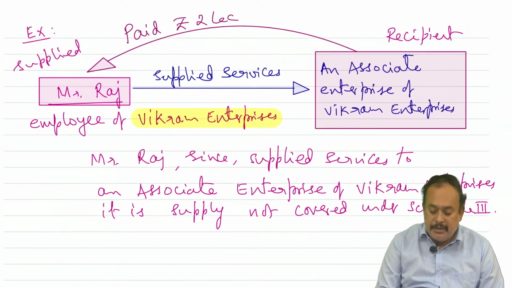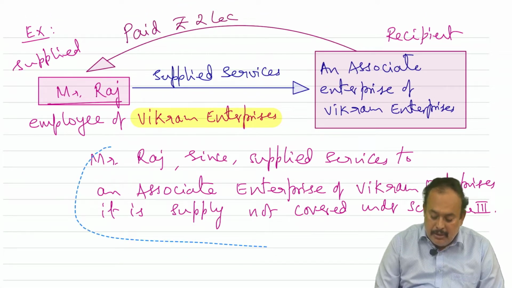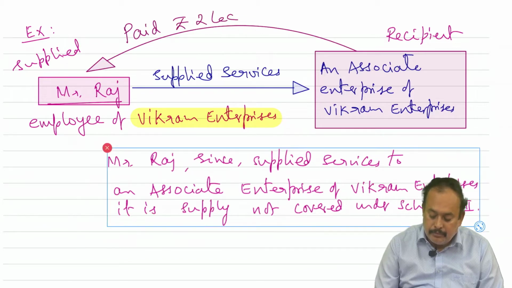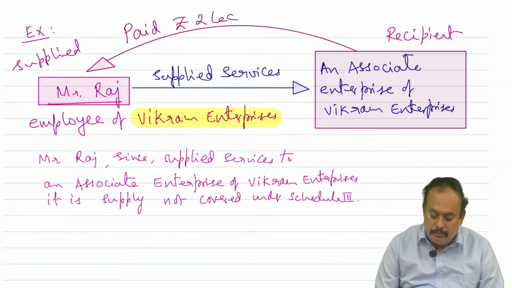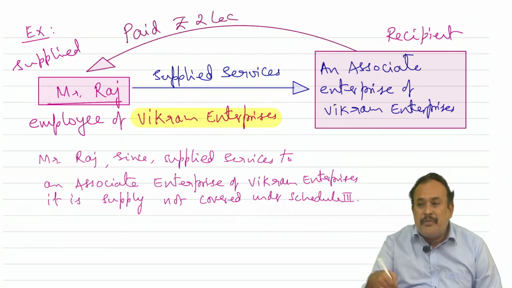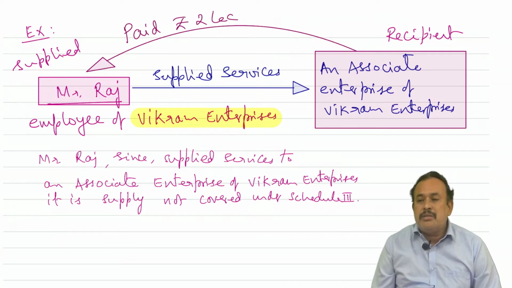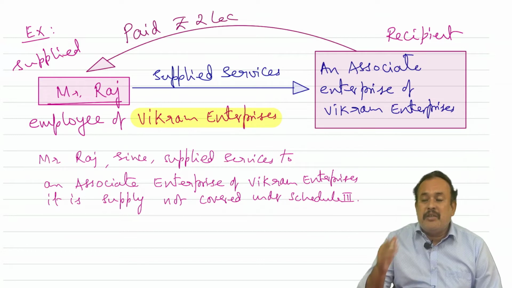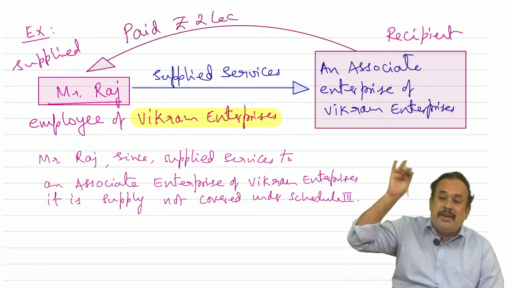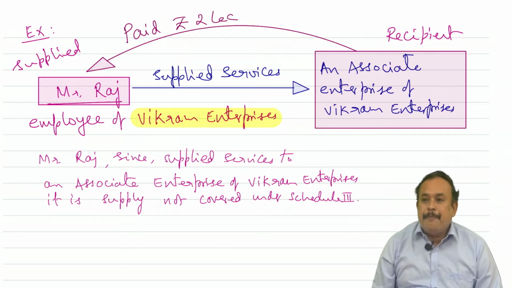In the given case, you have to identify in the following manner. Since he supplied services to an associate enterprise of Vikram Enterprises, it is supply, not covered in Schedule 3, because Raj did not provide these services to his employer. His employer's associate enterprise is a different company.